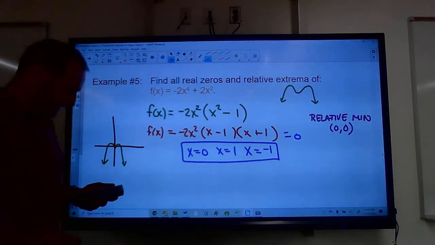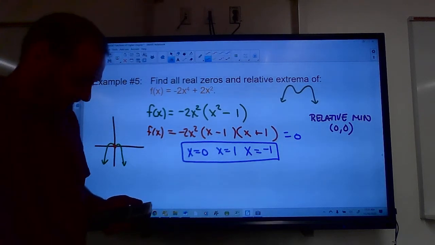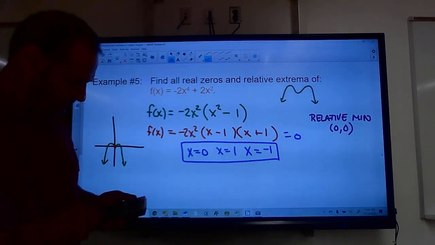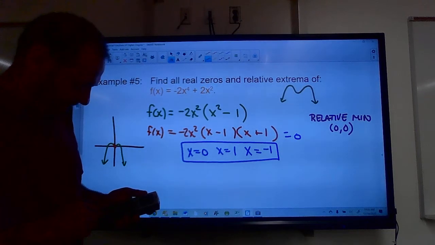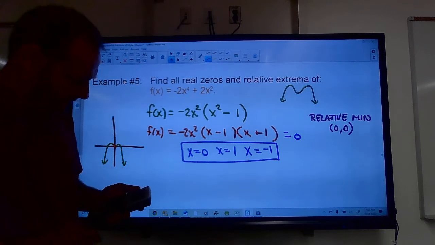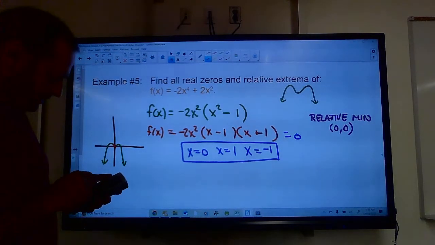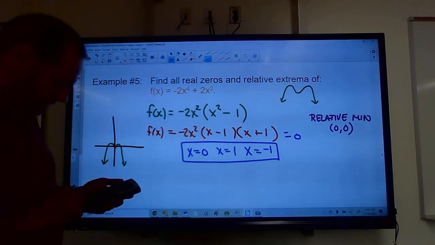If I want to find the maximums, I would zoom in on this a little bit, because it's really hard to see on this graph. So I would change my graph a little, and I think I'll even change the Y's.